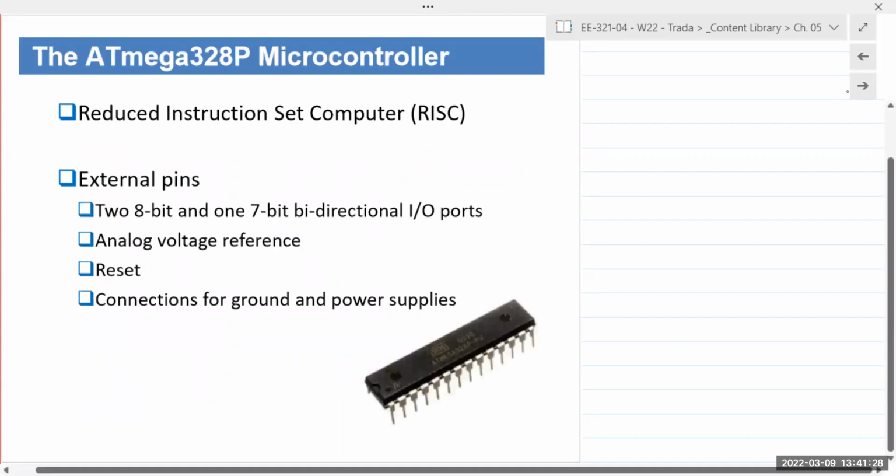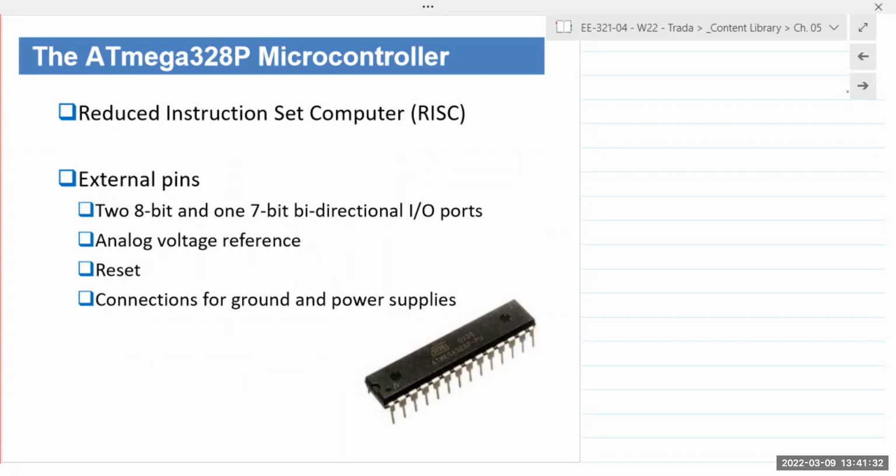This is an example of one of the most popular microcontrollers. You may perhaps have used it. You may have heard of it. It's the ATmega 328P microcontroller, more commonly known as the Arduino microcontroller. This is also an example of a reduced instruction set computer, or RISC, and I'll come back to RISC.